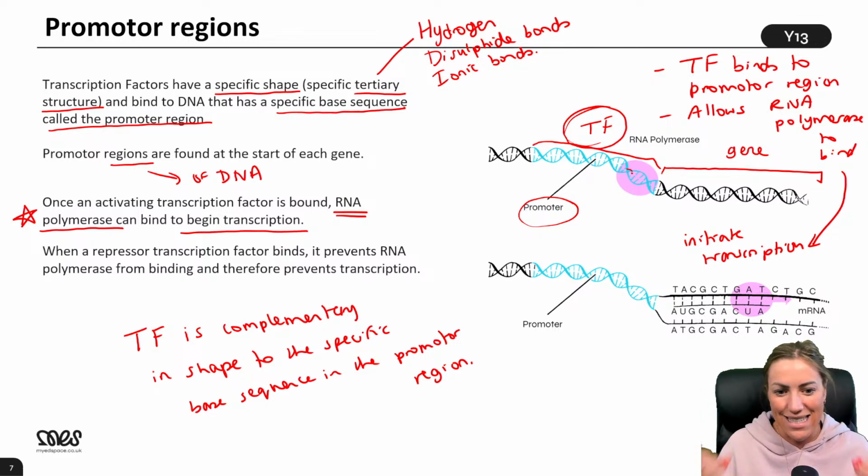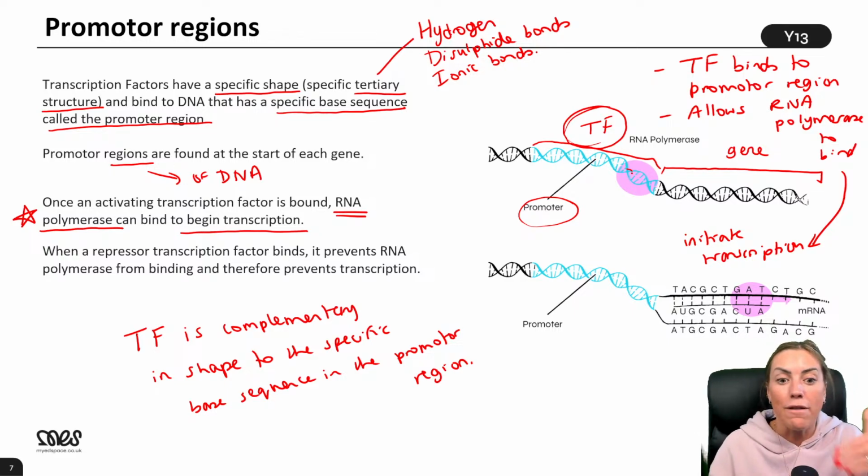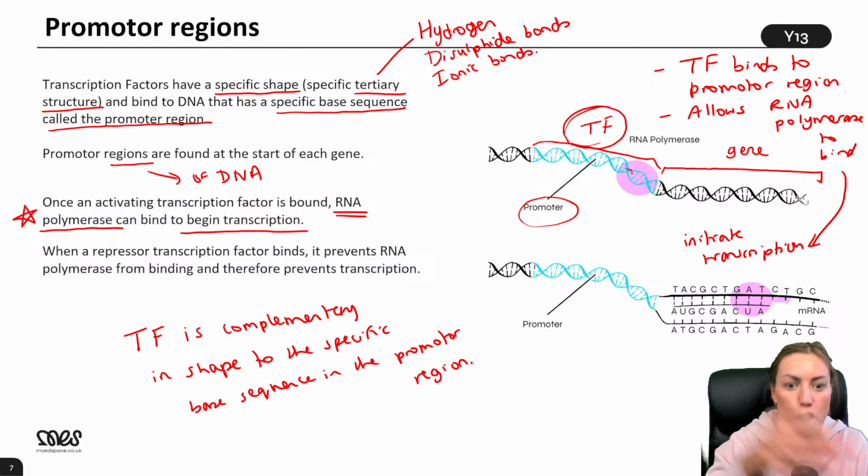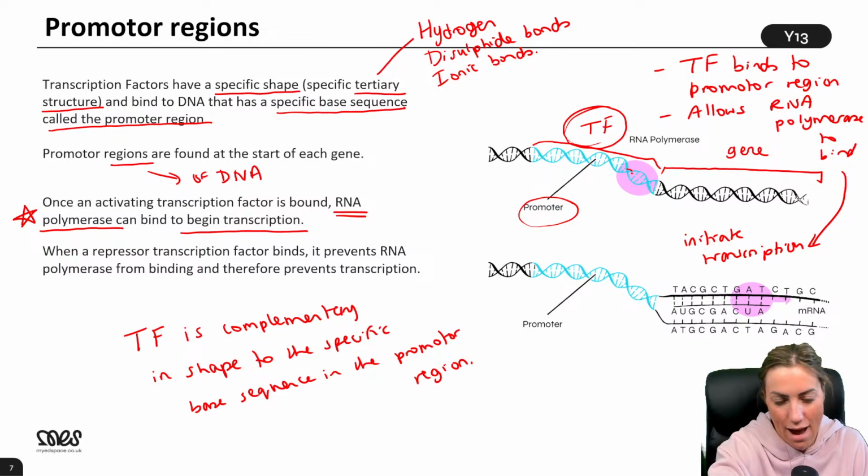Yes, exactly. This is happening in the nucleus. So this is before transcription, which we started the lesson with. Before transcription can occur, we actually need a transcription factor to bind to the promoter region. Then RNA polymerase can bind.